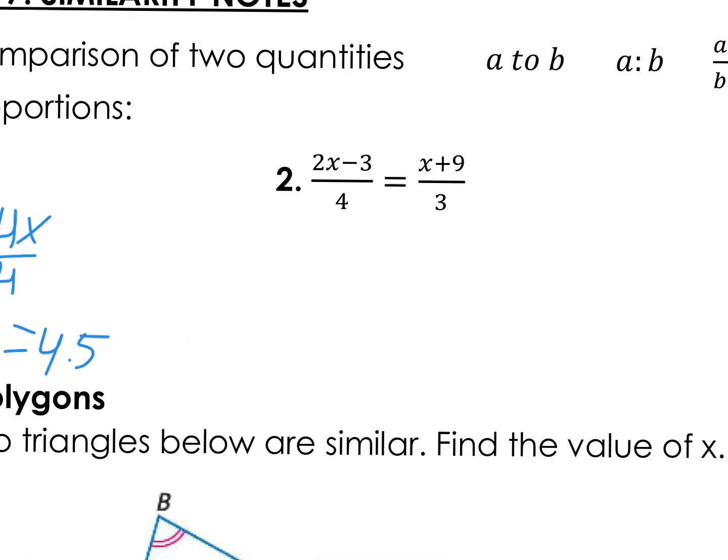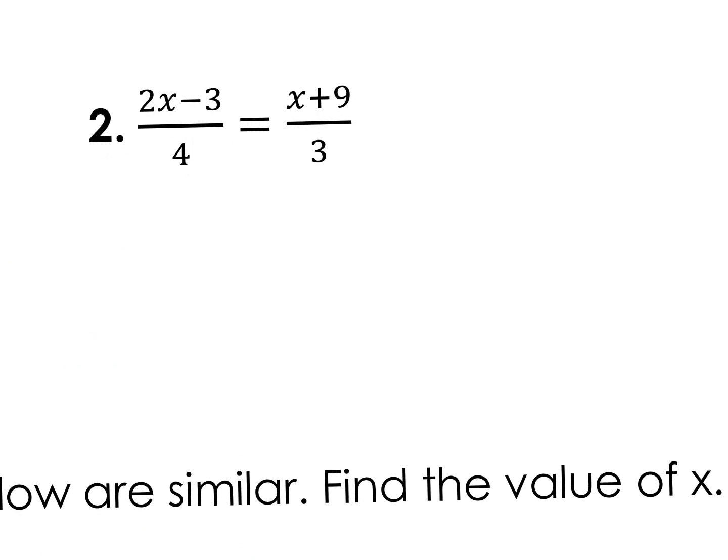We're going to do something similar in number 2. (x minus 3) over 4 is equal to (x plus 9) over 3. We're going to cross multiply. So we'll have 6x minus 9 is equal to 4x plus 36.